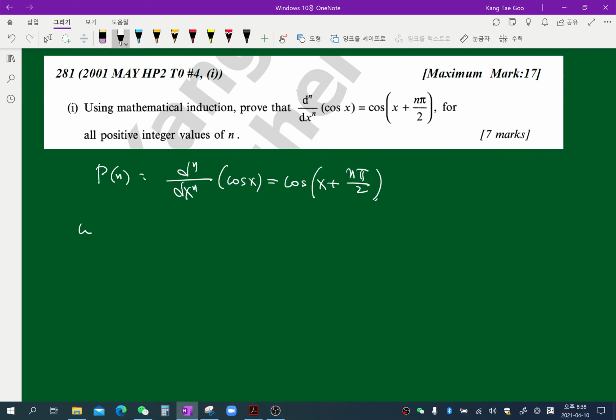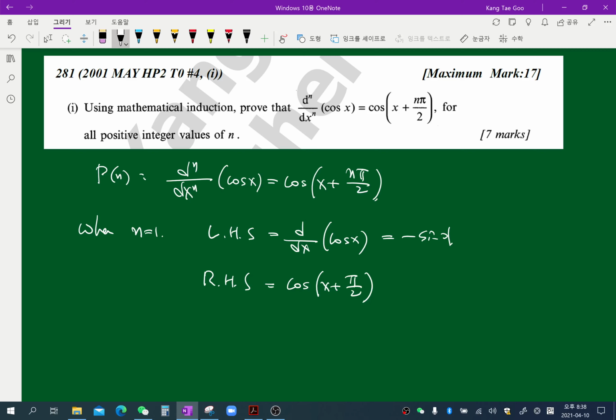Then when n goes to be 1, your left hand side goes to be d/dx of cosine x, which is actually negative sine x. Your right hand side goes to be cosine of x plus pi over 2. Of course, you can immediately write down the answer minus sine x, but that's what you need to prove, right? So it is better to use the compound angle formula.